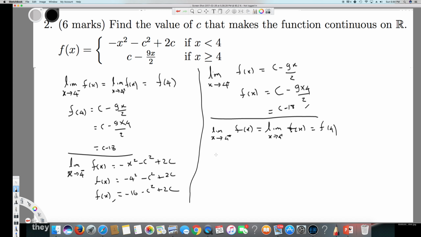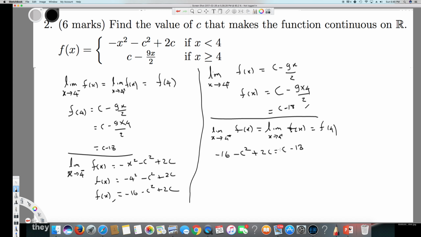So let's do that. It's going to be minus 16 minus c squared plus 2c is equal to c minus 18. Let's bring everything together so we can factor. If I bring this one to the other side, it's going to be plus 2.